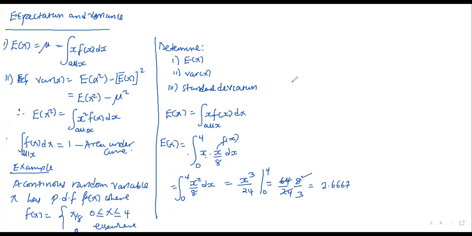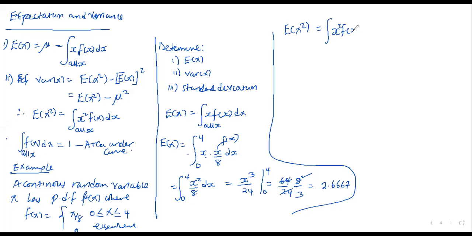That is expectation. As long as you know the first items we have done, for expectation you just add on 1 x before you integrate. Then for variance, we need to first get expectation of x squared, which is got by multiplying x squared by the function you have, then integrating over all x.